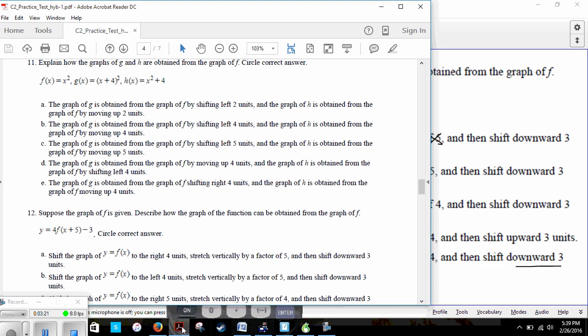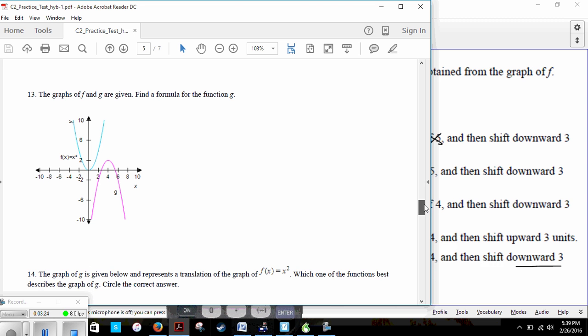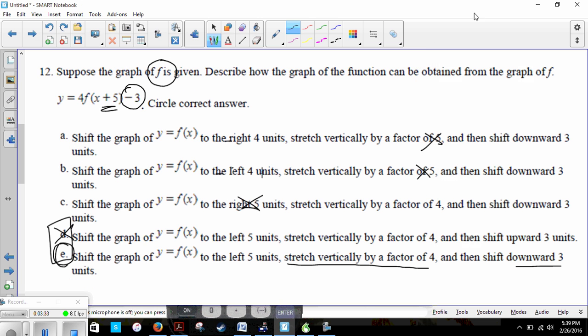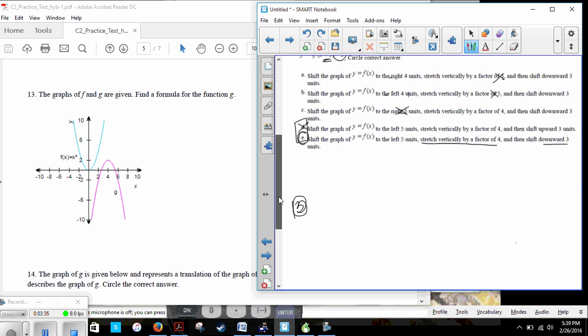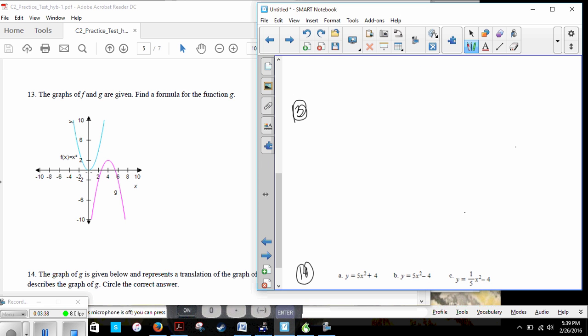Number 13 gives you a picture of the two graphs and says, how would you get the red graph given that you have the x squared here in your blue graph? Well, let's look at where our vertex is, our turning point. This turning point is going from 0, 0 over to 4, 2. So I would have to go up 2 units and to the right 4 units.